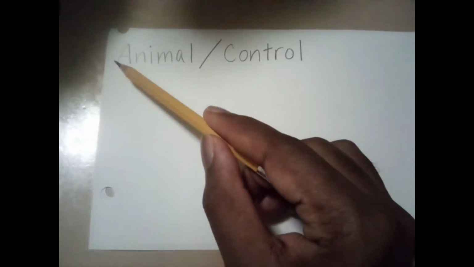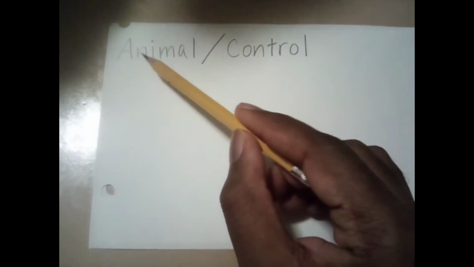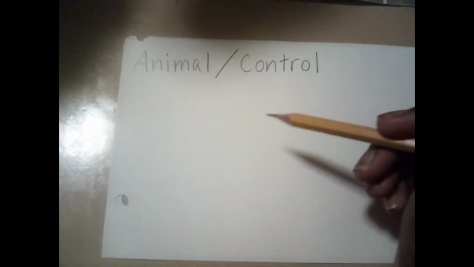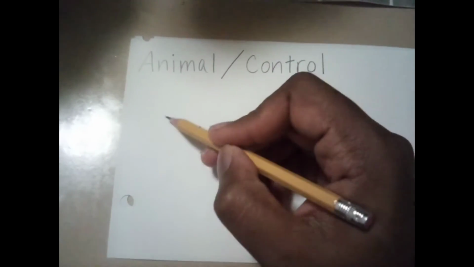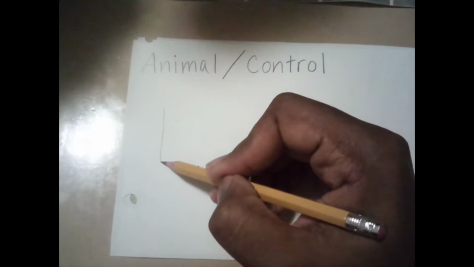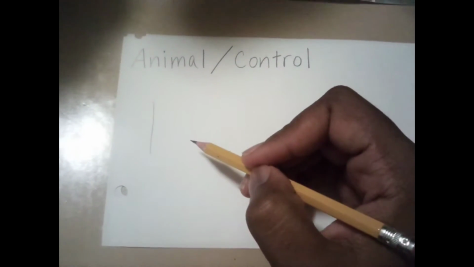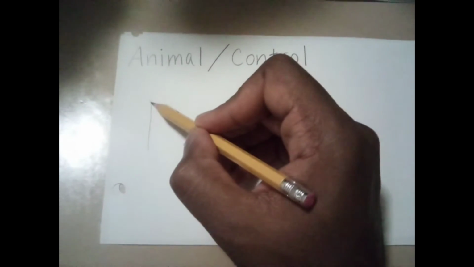Let's do capital A, N, I to ROL. So the first vertical of the A doubles as the L, which already is an L upside down.